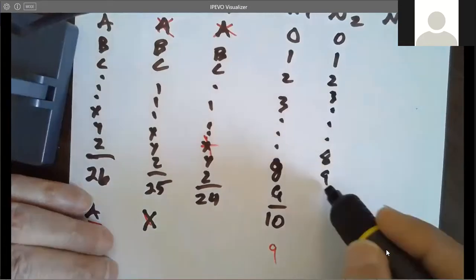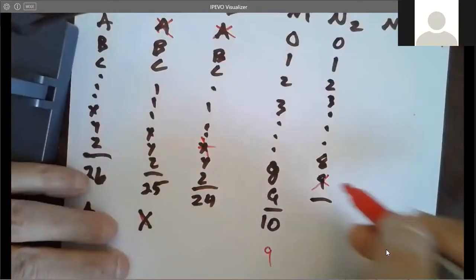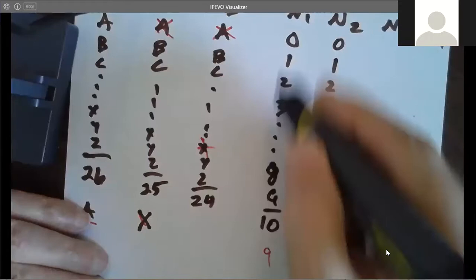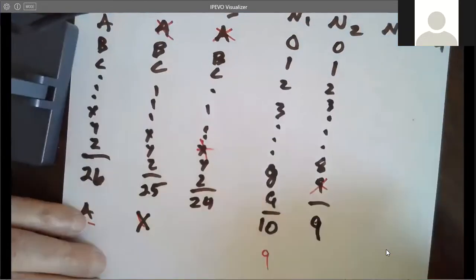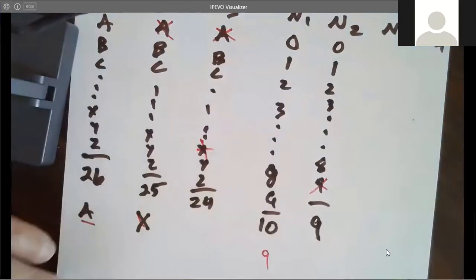Because we already chose 9. So now instead of 10 digits, there's only 9 digits, because 9 was already taken and we can't repeat the digits.